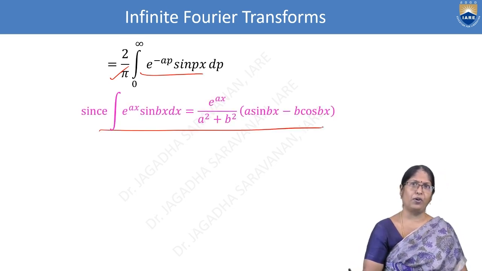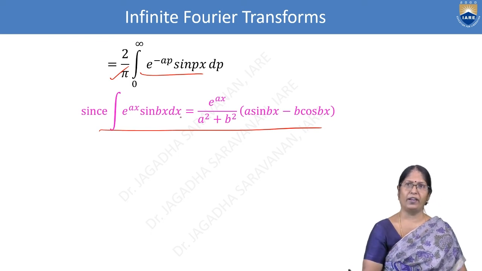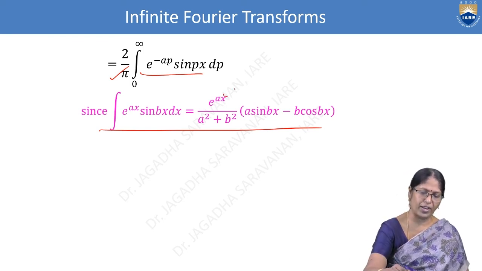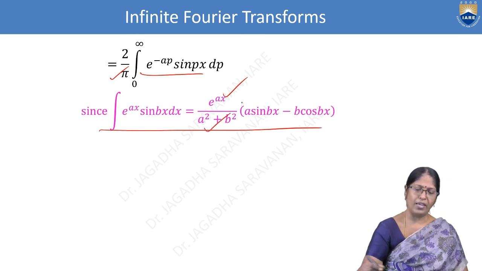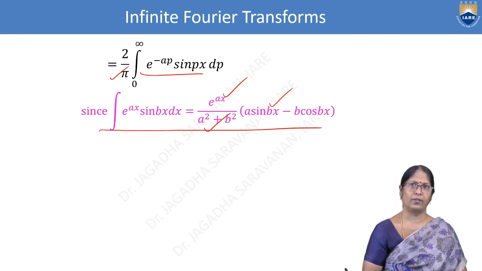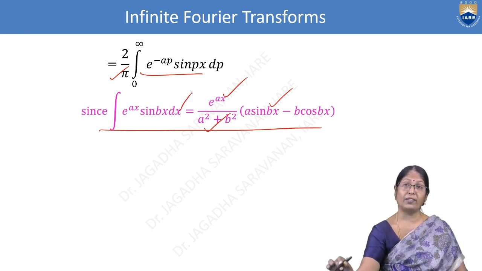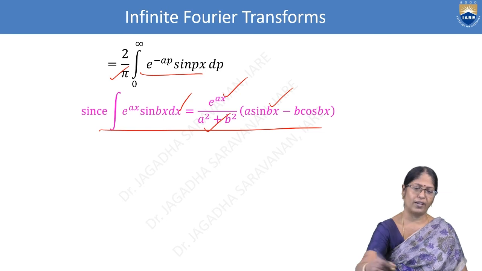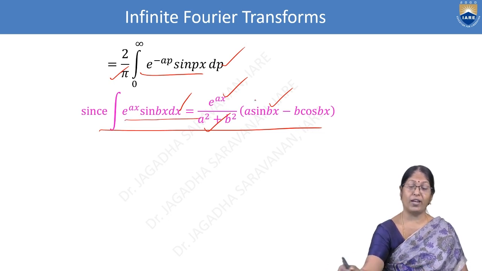That is a combination of exponential and trigonometry, that is the integral of e power ax sine bx dx. It's nothing but e power ax by a square plus b square of a sine bx minus b cos bx. The formula is integrated with respect to x, whereas here it is done with respect to p. So in the formula where is x?